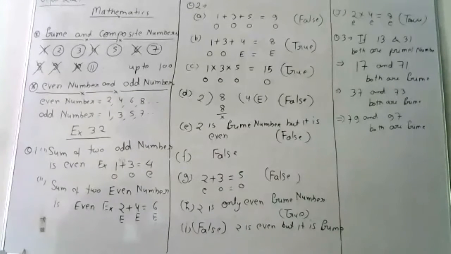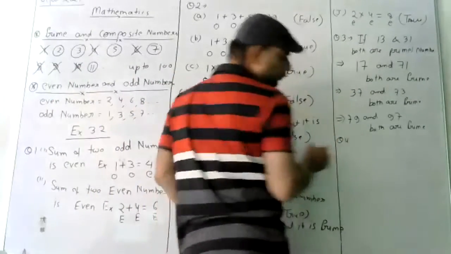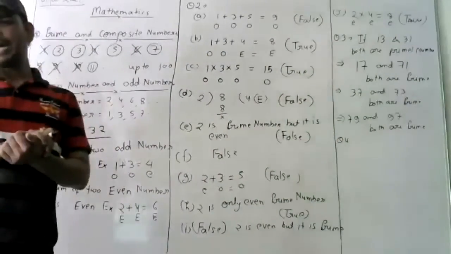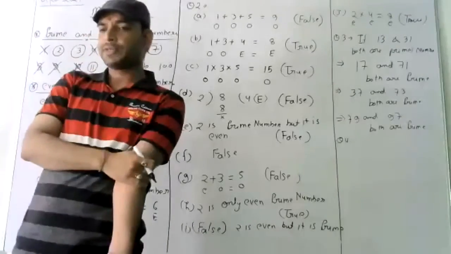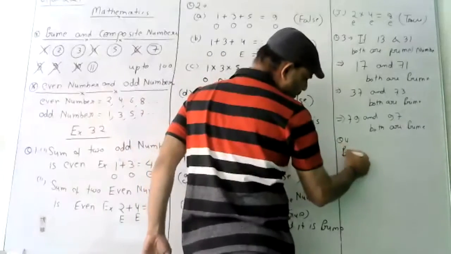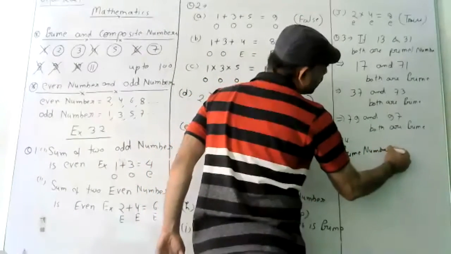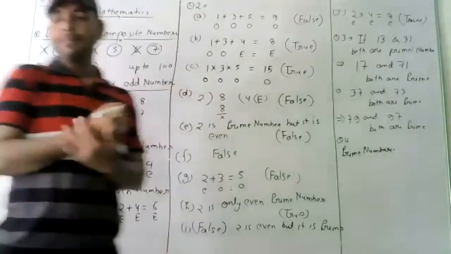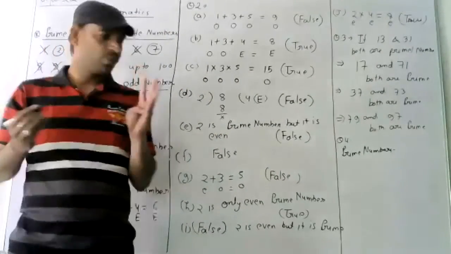Now, our next question, question number 4. Write down separately the prime and composite numbers less than 20. First, prime numbers. The smallest prime number is 2.